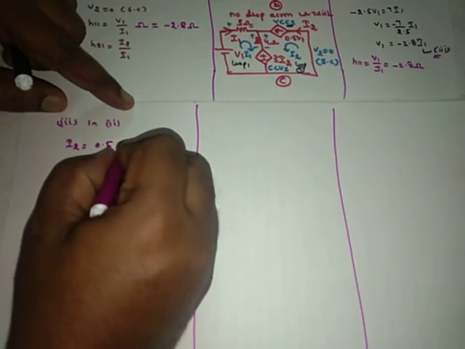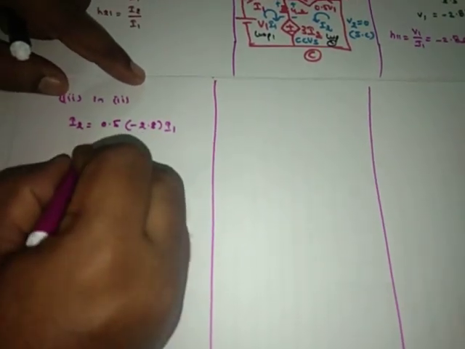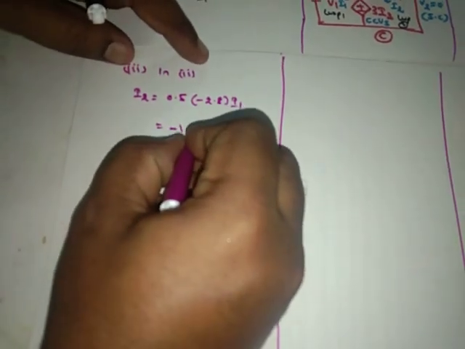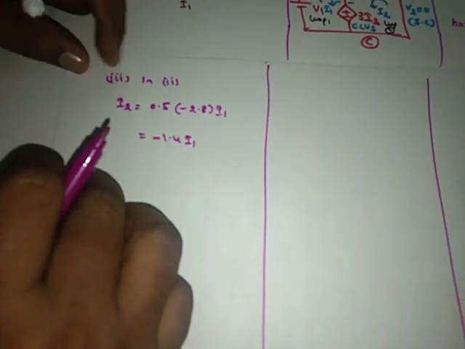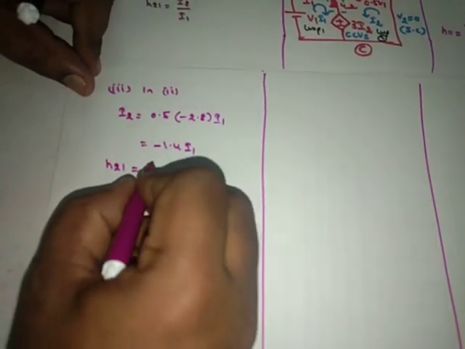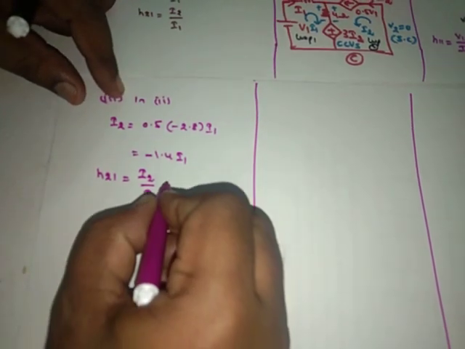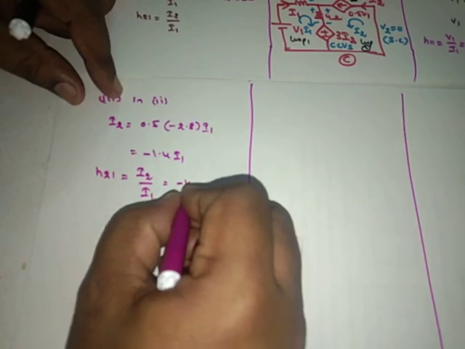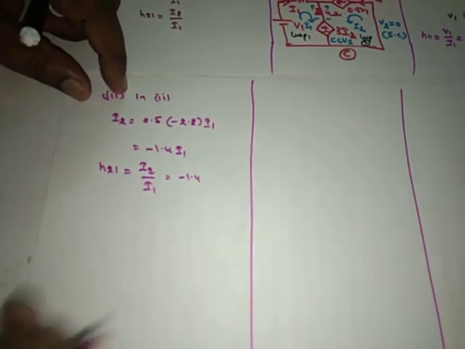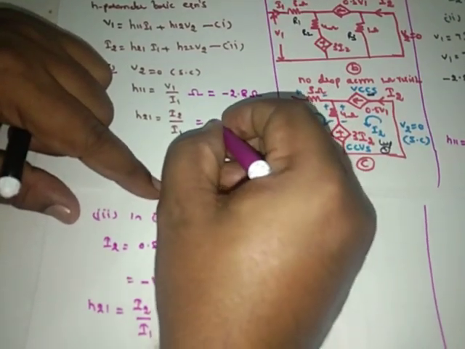What is V1? V1 is equal to minus 2.8 I1. So that is equal to minus 1.4 I1. So H21 is equal to I2 by I1, that is equal to minus 1.4. Again we calculated another parameter, minus 1.4, and there is no unit. This is case 1.